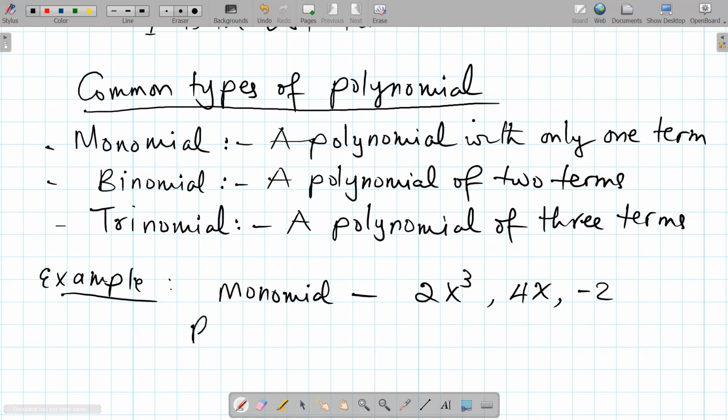And then with a binomial, something with 2 terms, let's say 2x^3 minus 4x. This is a binomial. Or you could have x^2 plus 1. This is still a binomial.